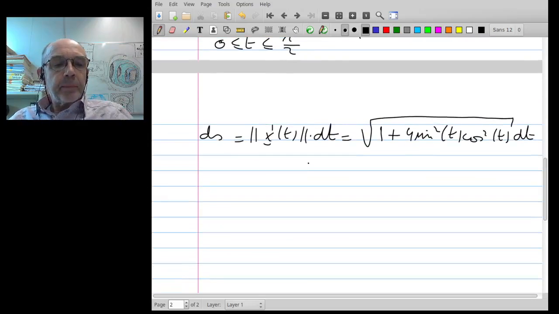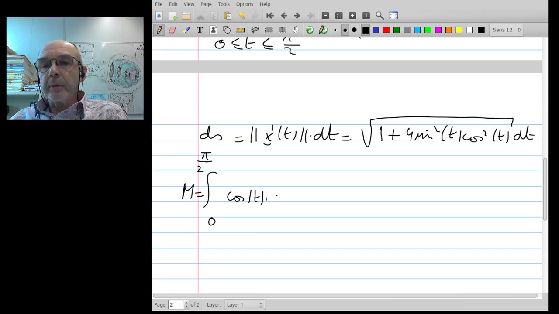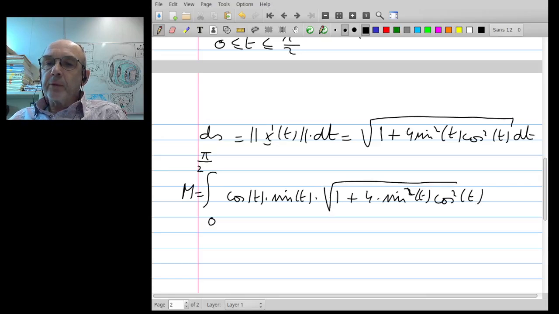And now we can write down the integral. So the mass becomes equal to the following: the integral from 0 to pi divided by 2, and then we have the mass density, which was x times y, so that becomes cosine of t times sine of t, and then we have the ds term, that expression we have just written down, you have to take the square root of it, times dt.